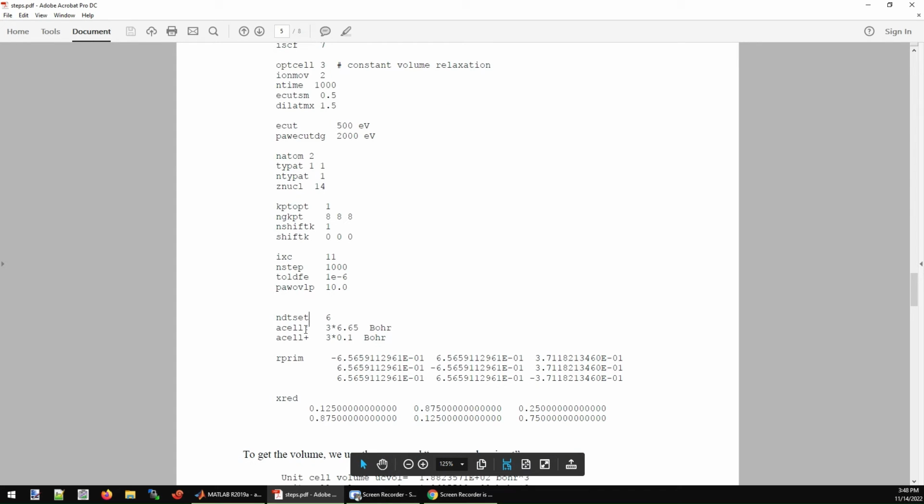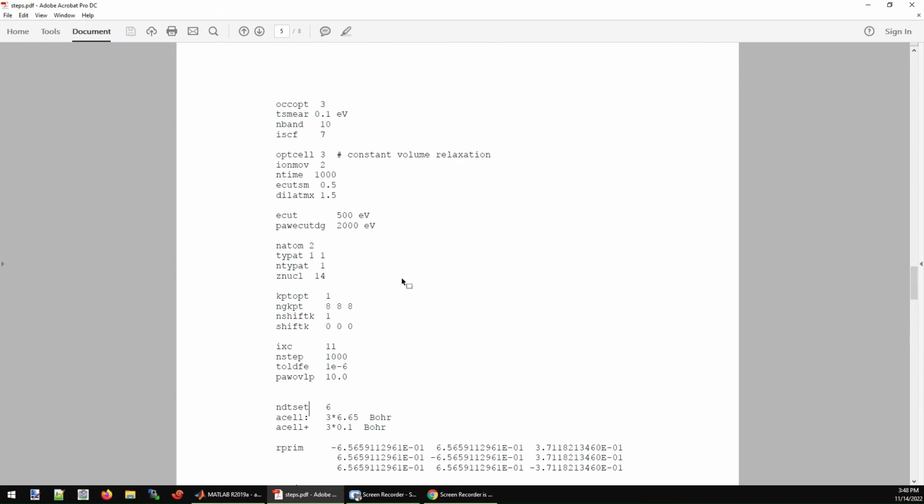So here my A cell starts from 6.65 Bohr, and the increment is 0.1 Bohr. We are going to do this for 6 different points of the A cell, and for each given A cell, we relax the geometry, but holding the volume constant.